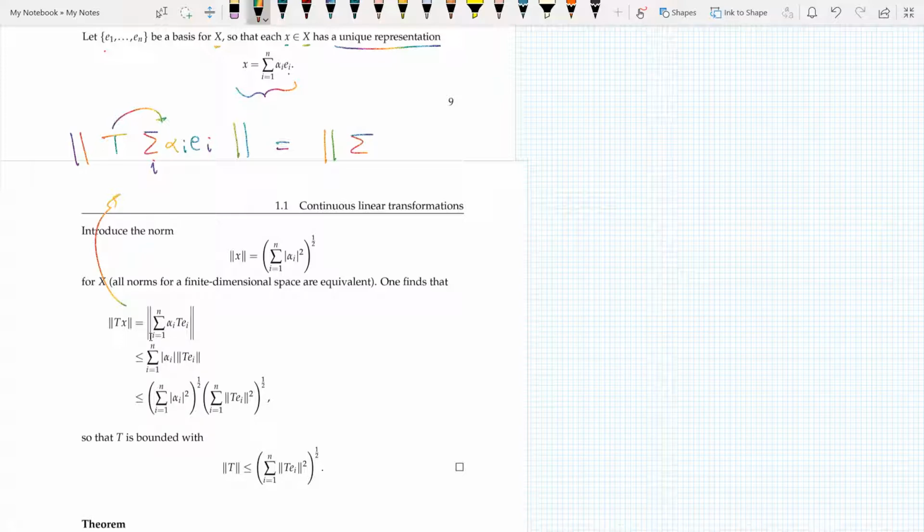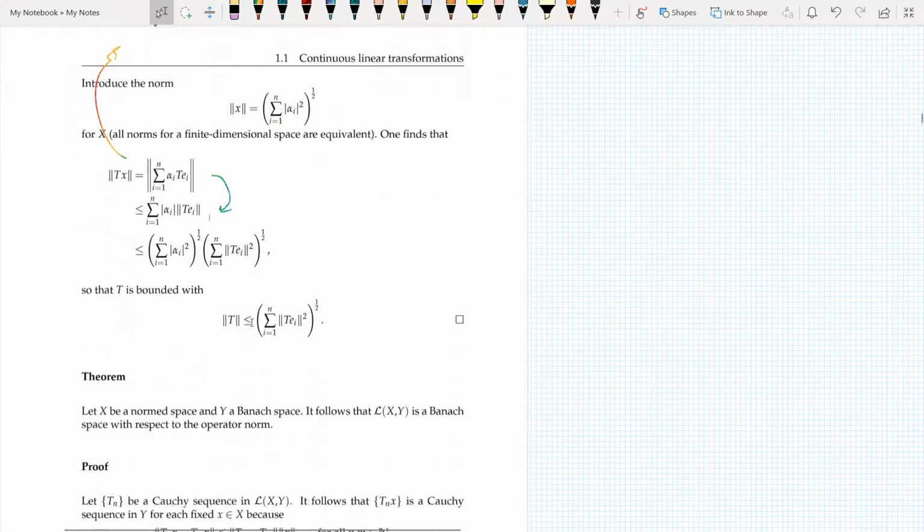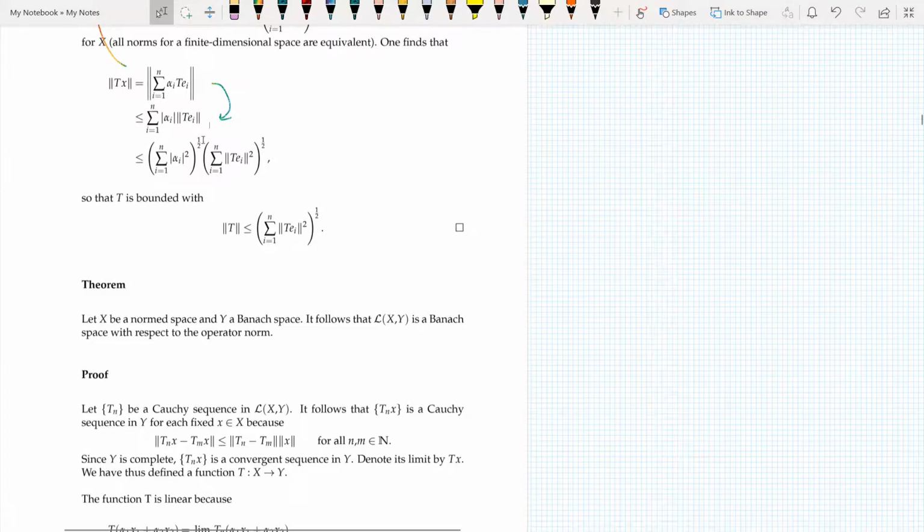I can put my operator inside, T e_i, with i equals 1 to n. And now from this step, I can get this step very easily. There is no magic happening from this step to this step.